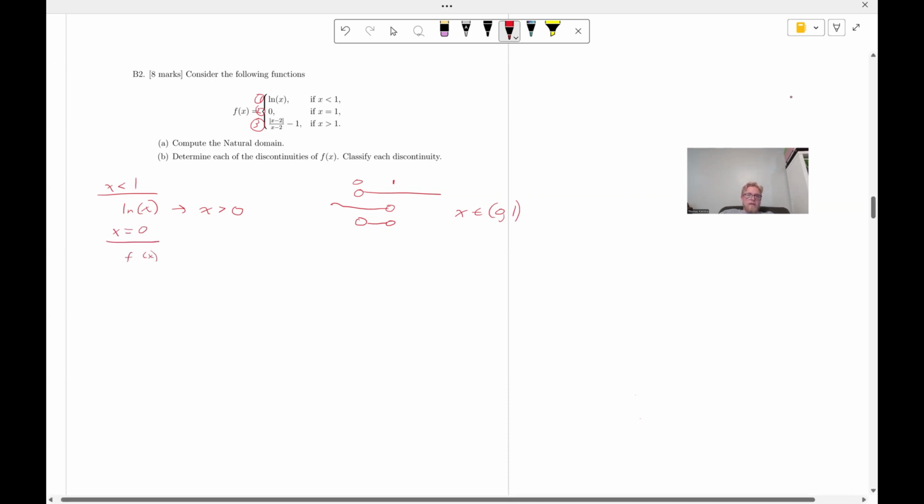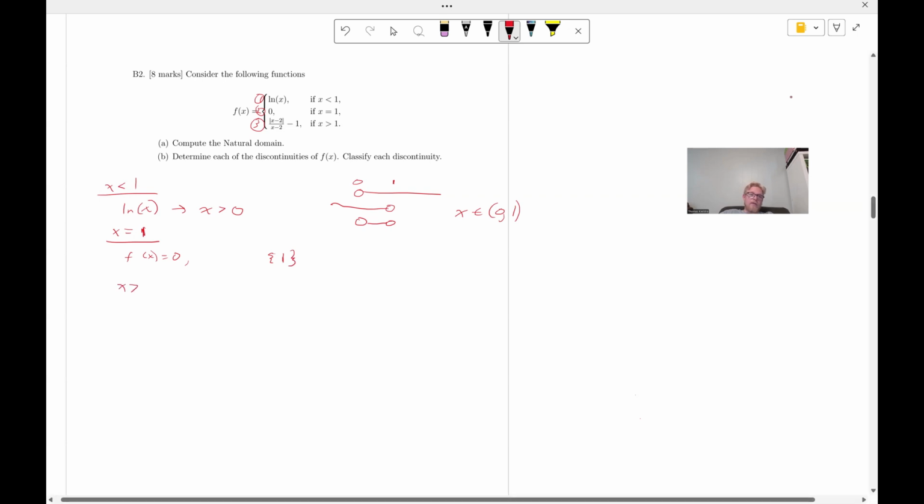For x equaling 1, f of x equals 0. So we have the single point 1.